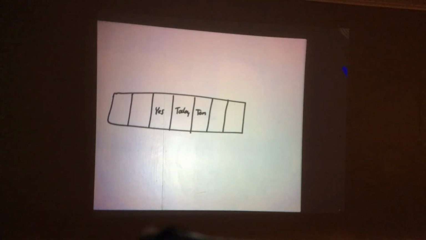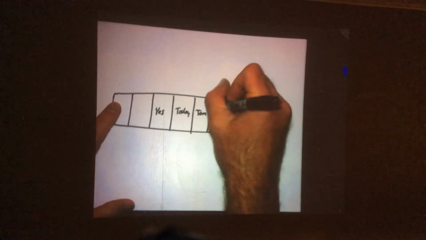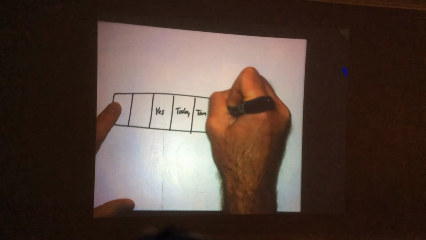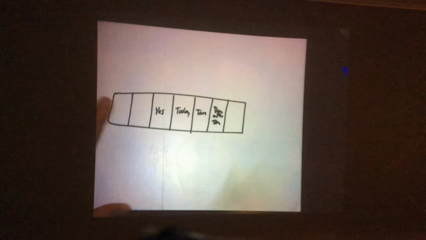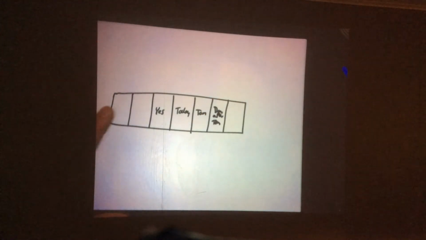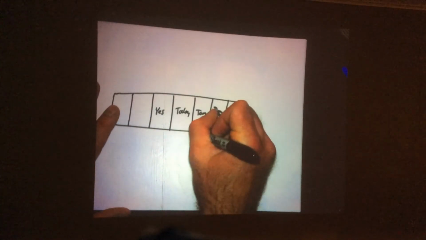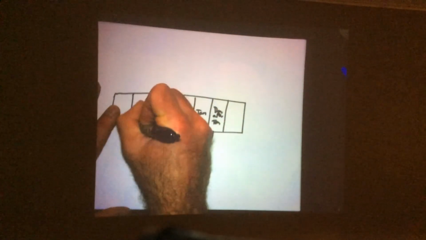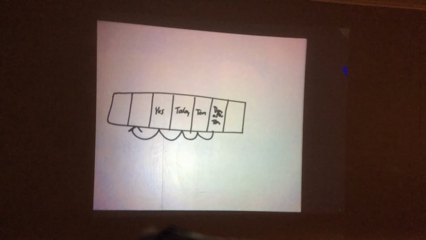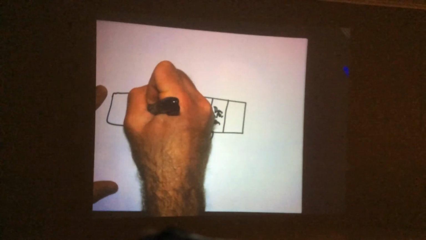Suppose 4 days before the day after tomorrow was Thursday. Where is the day after tomorrow? Day after tomorrow. And it says 4 days before the day after tomorrow. So 1 day before, 2 days before, 3 days before, and 4 days before. And they tell me that that is a Thursday.